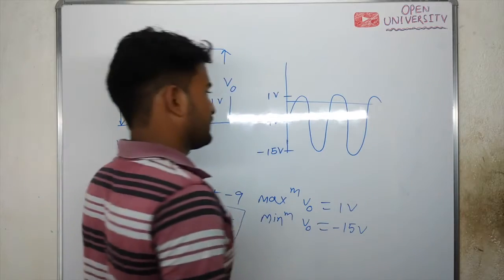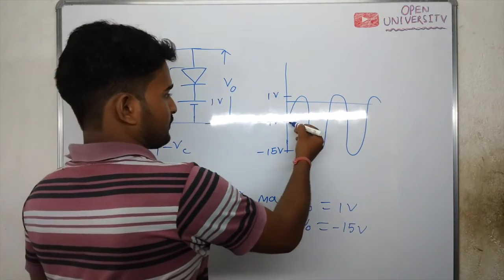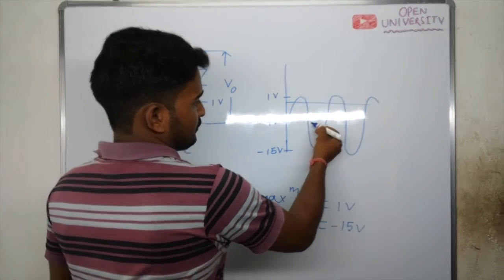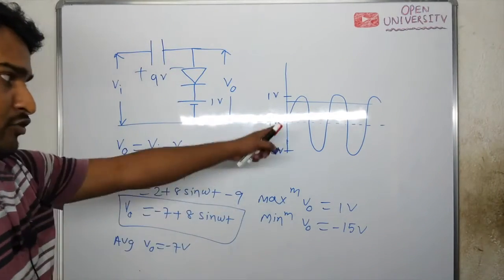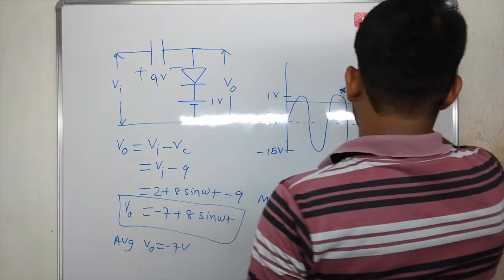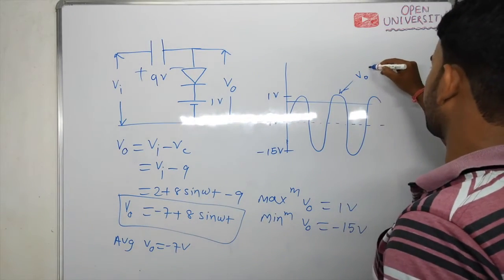Okay, this is the output waveform. This is your V naught waveform.